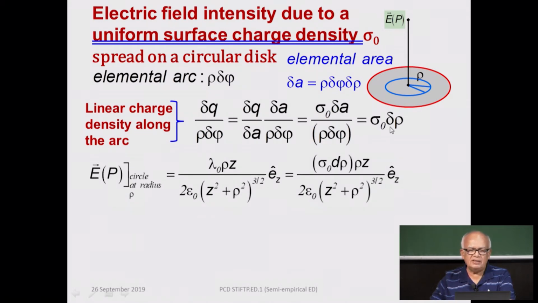And now you can express the linear charge density lambda 0 in terms of sigma 0 delta rho.